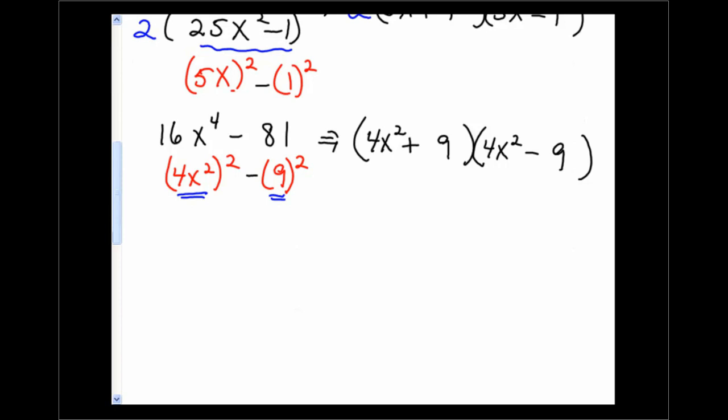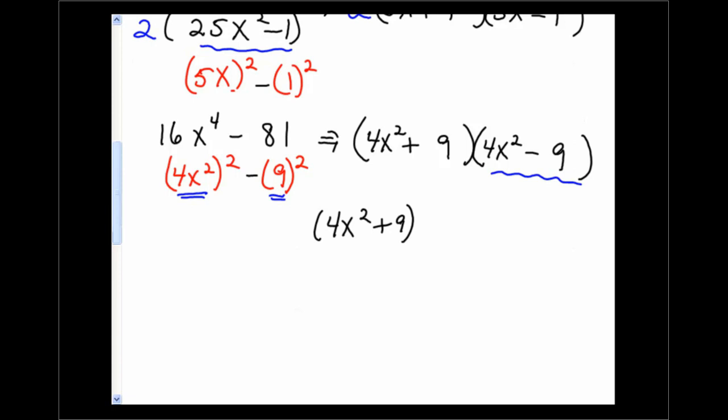Now we're not quite done here because 4x squared plus 9 is not a perfect square, it's a sum. That does not factor any further, but 4x squared minus 9 can still be factored. That is a difference of two perfect squares. So we're left here with 4x squared plus 9.